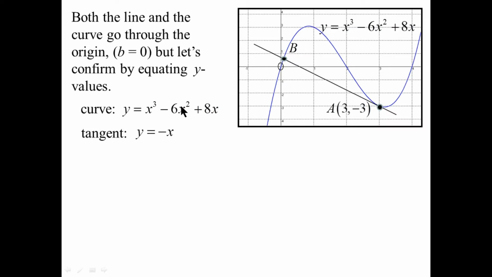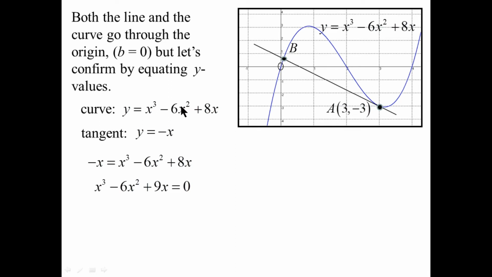So we can confirm that they do in fact meet at the origin by setting their y values equal to each other. We've got the curve, we've got the tangent, set the y values equal to each other, and the rest is, well, trivial.